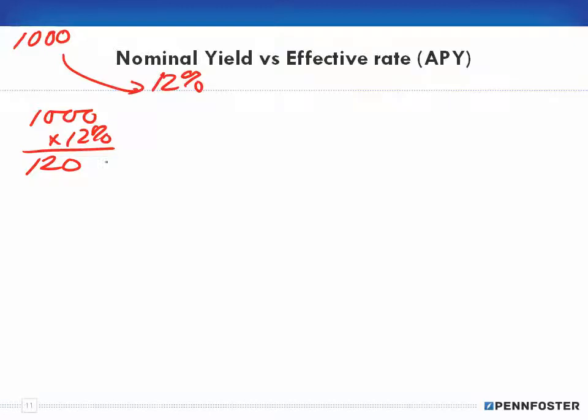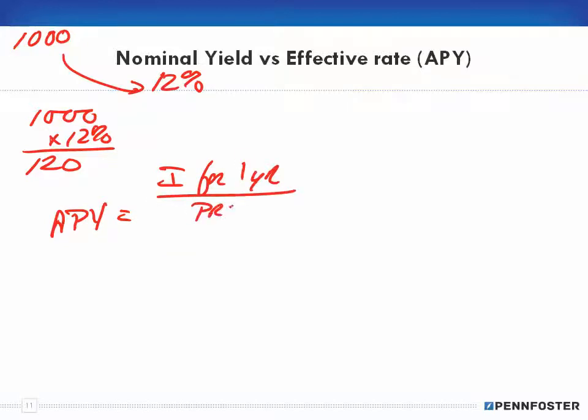Right? Now, the effective rate. Now, be careful here. I'm going to do the effective rate twice, and there's a reason why I'm going to do it twice. First of all, my effective rate, my annual percentage yield, is equal to my interest for 1 year over the principal. This is the formula. Now, if I plug in these same numbers, I'm going to have $1,000 at 12%.